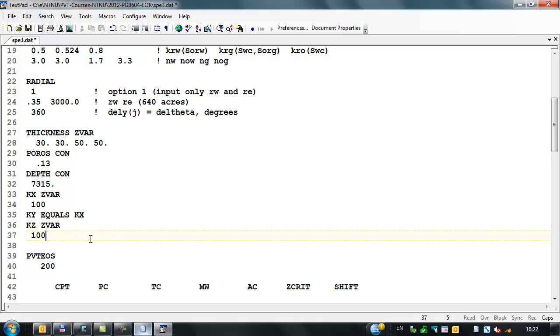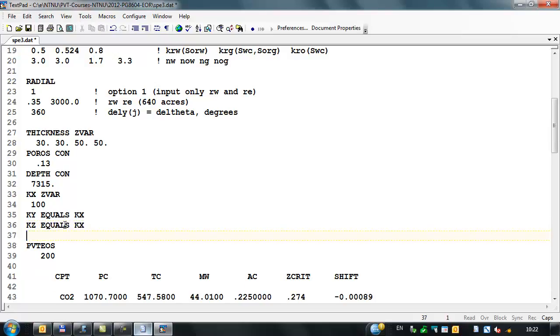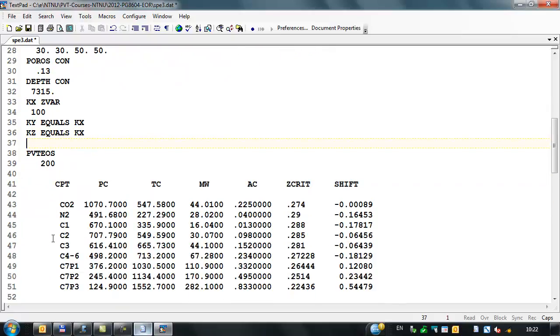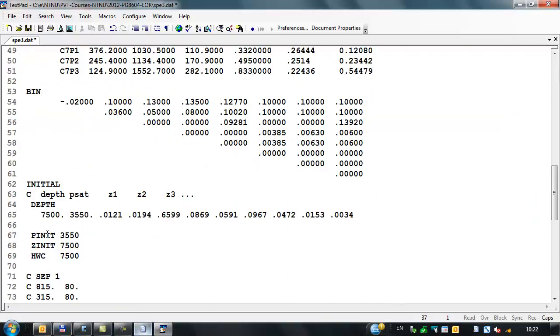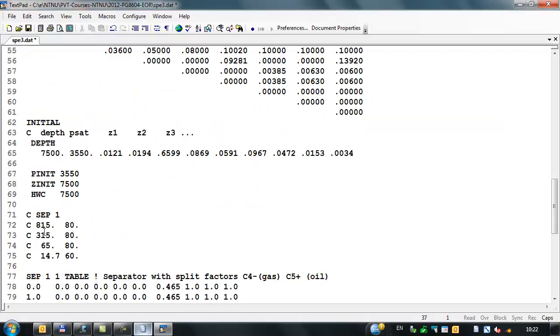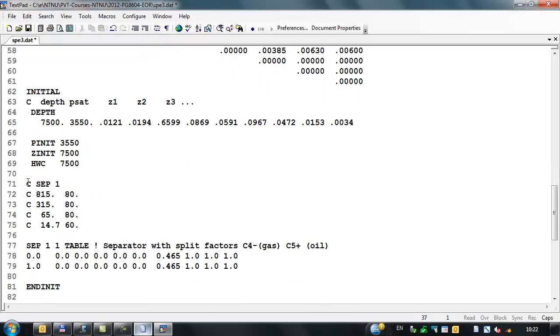Say the KZ is the same, we'll just say this here. We've got 200 Fahrenheit, the US properties. Initial pressure, is that equal to the dew point? Let's give it some initial pressure higher than the dew point. Give it 5,000 initial pressure, so we'll have some of this undersaturated performance.